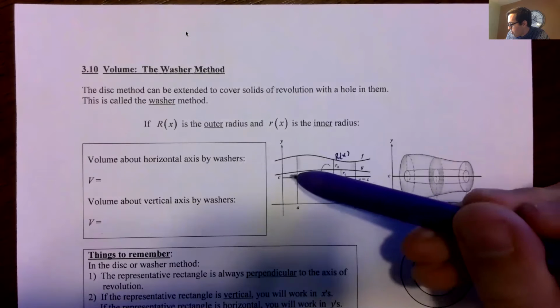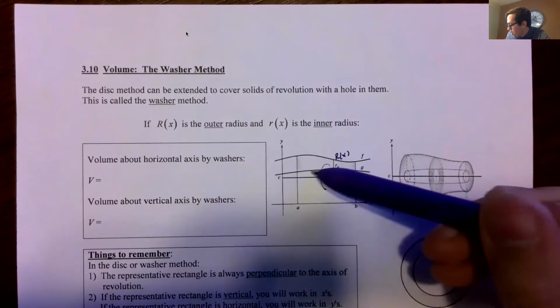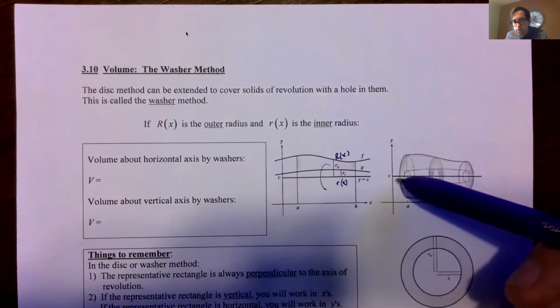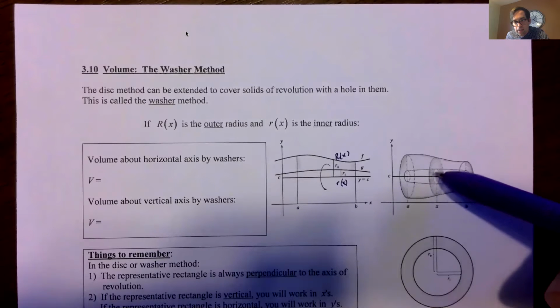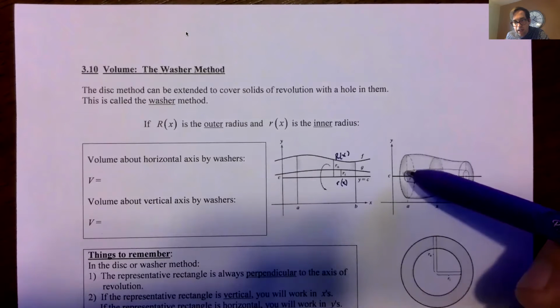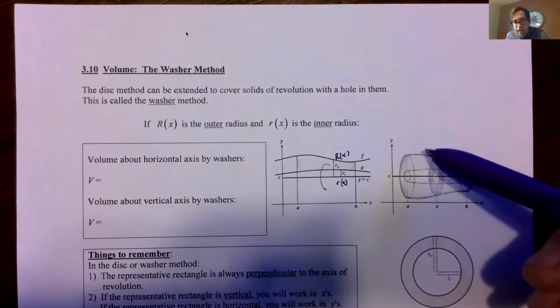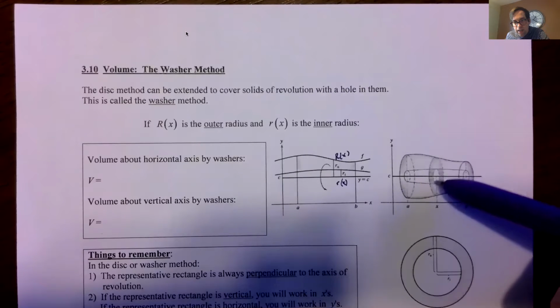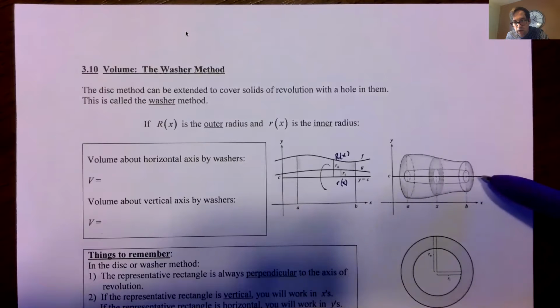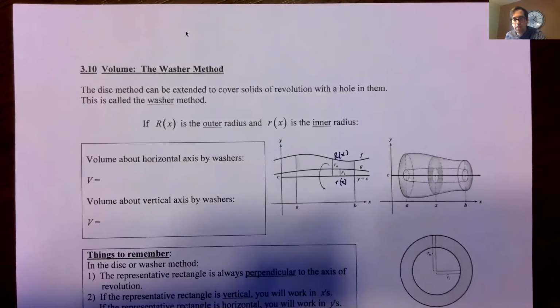Well, if we have this area under this lower curve here and we revolve about this axis C, you can see based on this diagram that we've got this shape where we've got this outer part revolved and then an inner revolution is cut out of the shape. So there's a hole straight through the middle of this 3D shape.